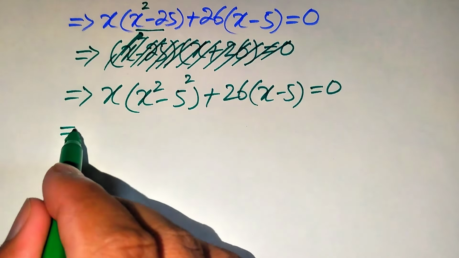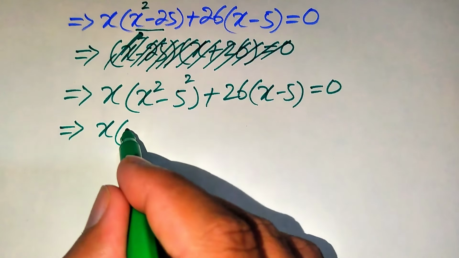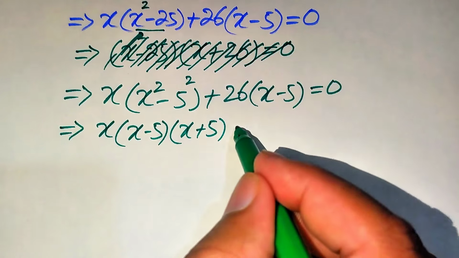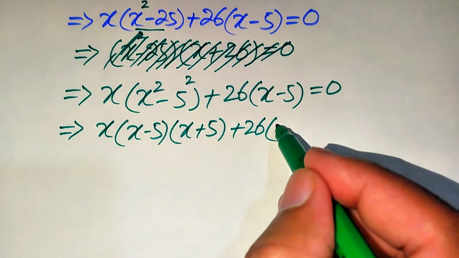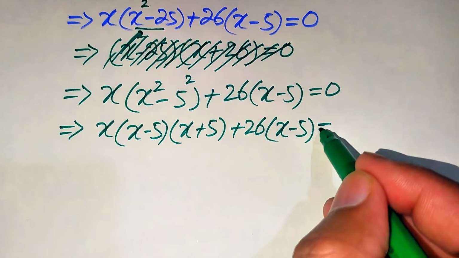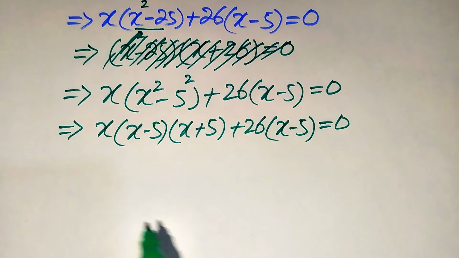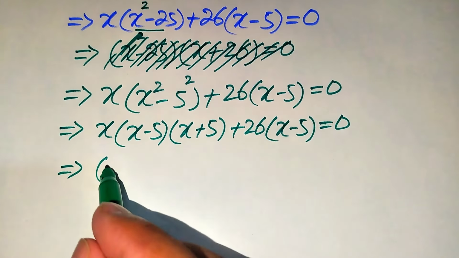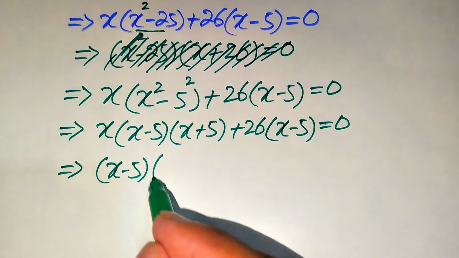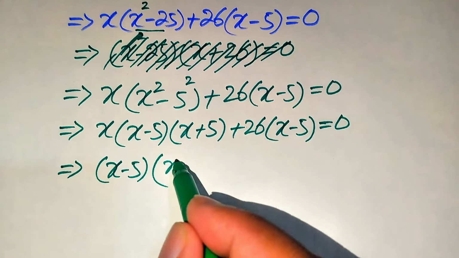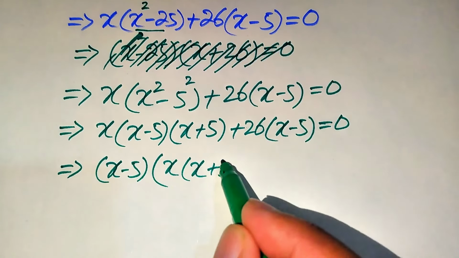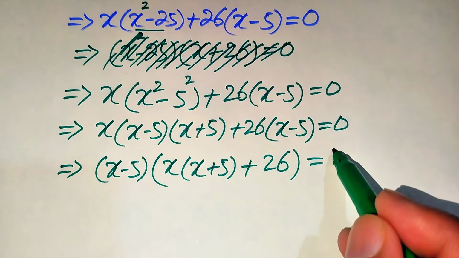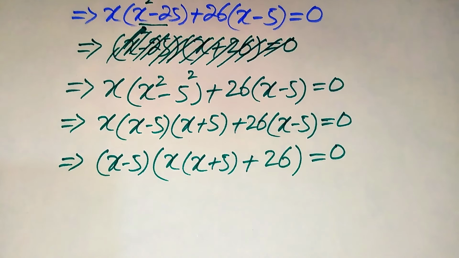So here we apply the algebraic formula and write these terms as x times x minus 5 into x plus 5, plus 26 into x minus 5, and this whole equation equals 0. And now you see that from both of these terms we have x minus 5 as the common factor, so we take it common and we get x times x plus 5, and here we get only 26, equals 0.